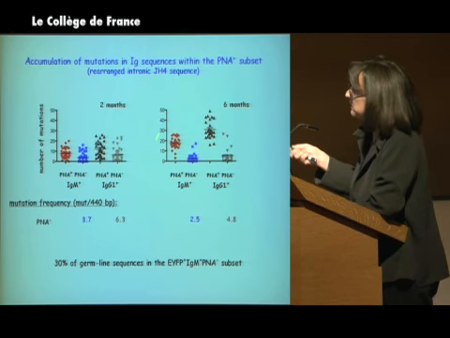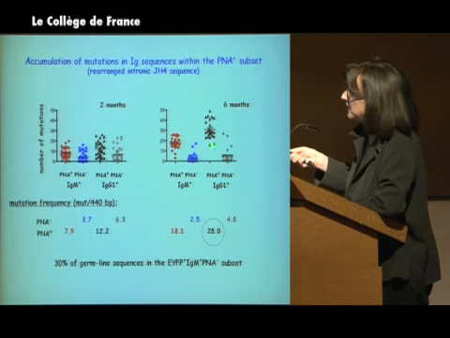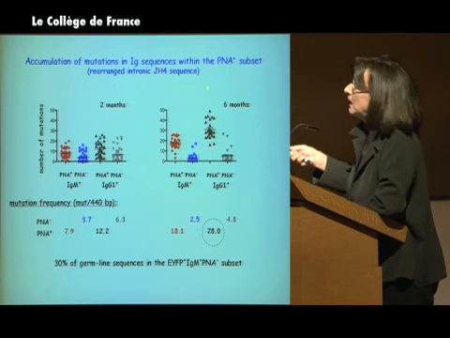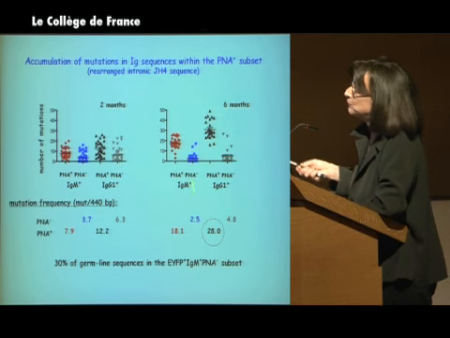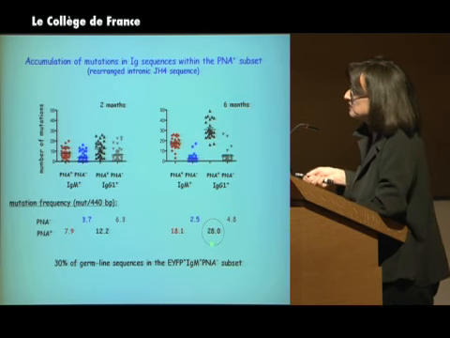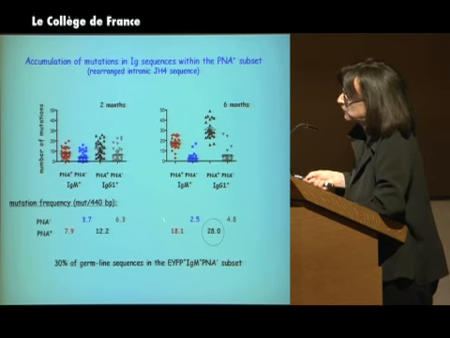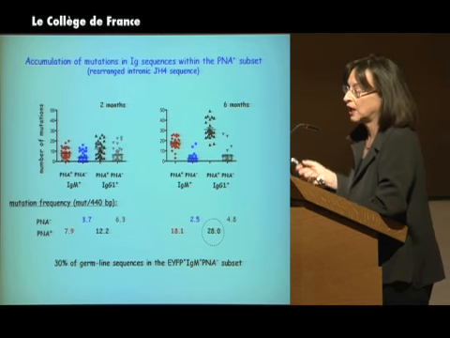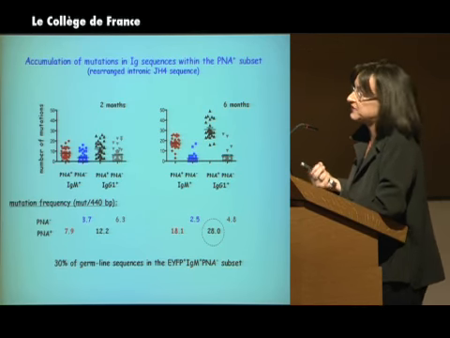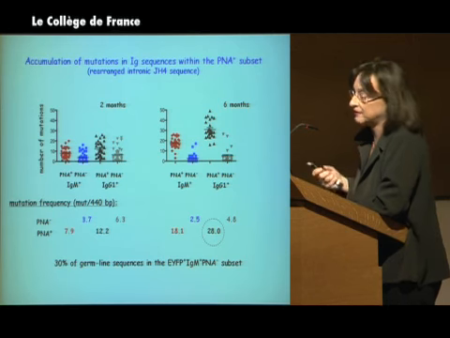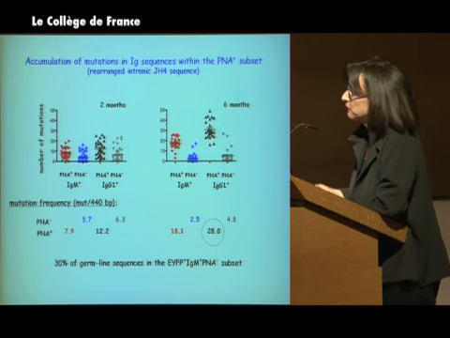What is very striking is that within germinal center B cells, these are the IgG, these are the IgM, at 6 months after immunization, you are able to accumulate a very large number of mutations, an average of 28 mutations in a sequence about the length of an immunoglobulin gene. These are numbers that are frequently seen in immunoglobulin sequences in humans, but are never reported in a classical hapten carrier response in the mouse.